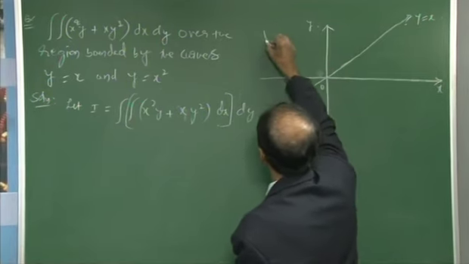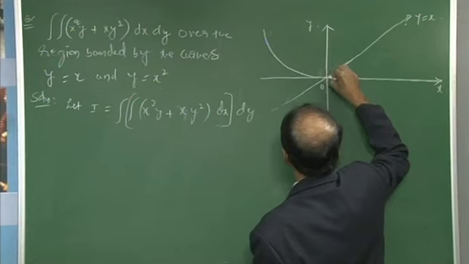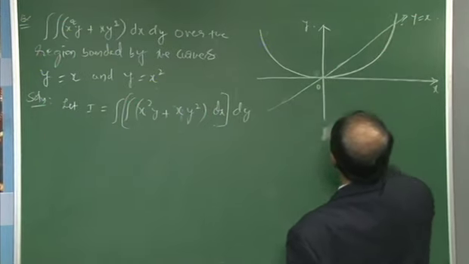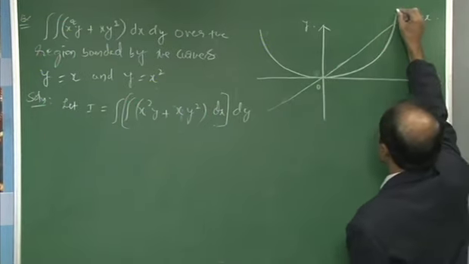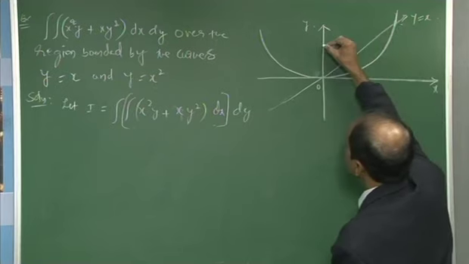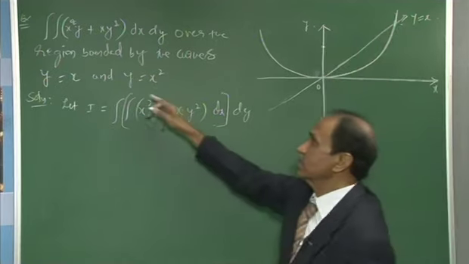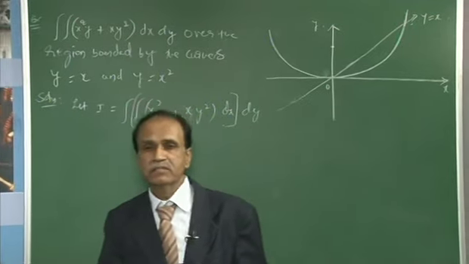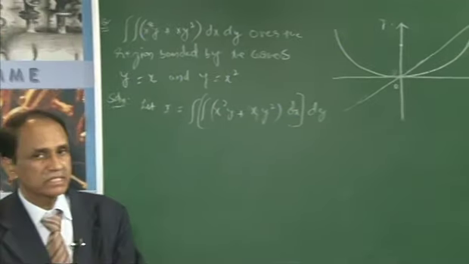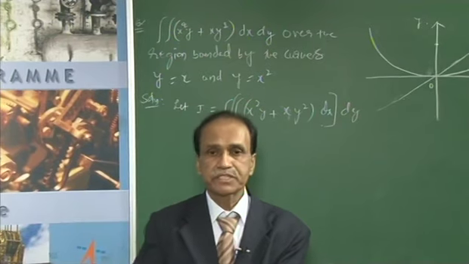That parabola focus lies on the y axis, somewhere here the focus comes, because of the equation which you studied in the first semester engineering mathematics syllabus, applications of integration.